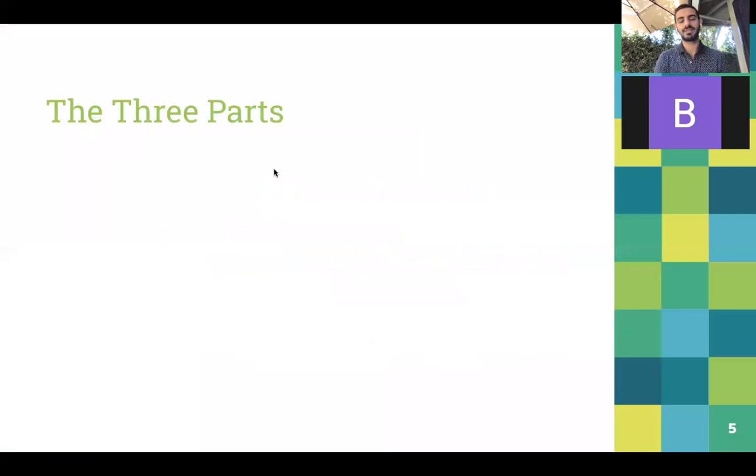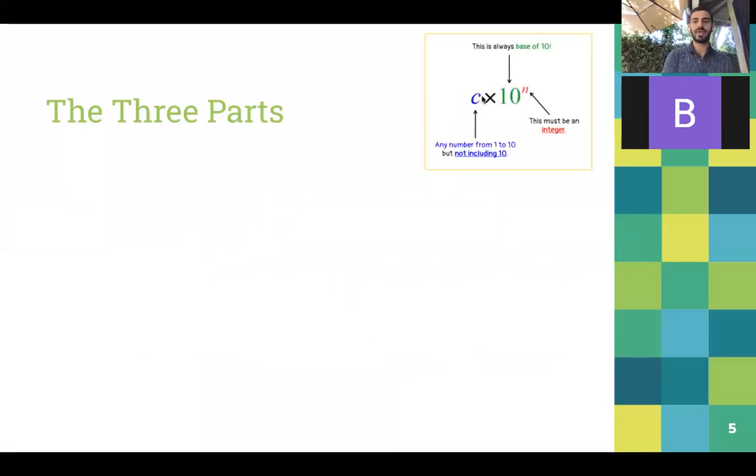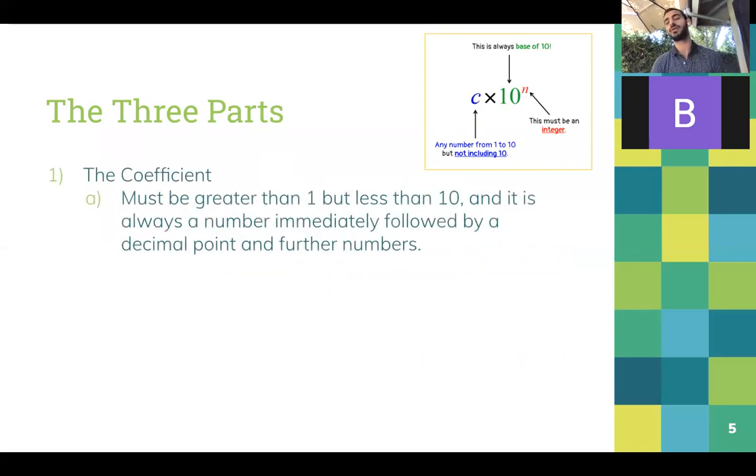The 3 parts of scientific notation, and I think I have a photo here. So we have C times 10 to the n, and all 3 of these are a part, okay? We have the coefficient, the base, and the exponent. So the number one thing is the coefficient, and it must be greater than 1, but less than 10. If your number is less than 1 or greater than 10, it is impossible for that number to be in scientific notation.